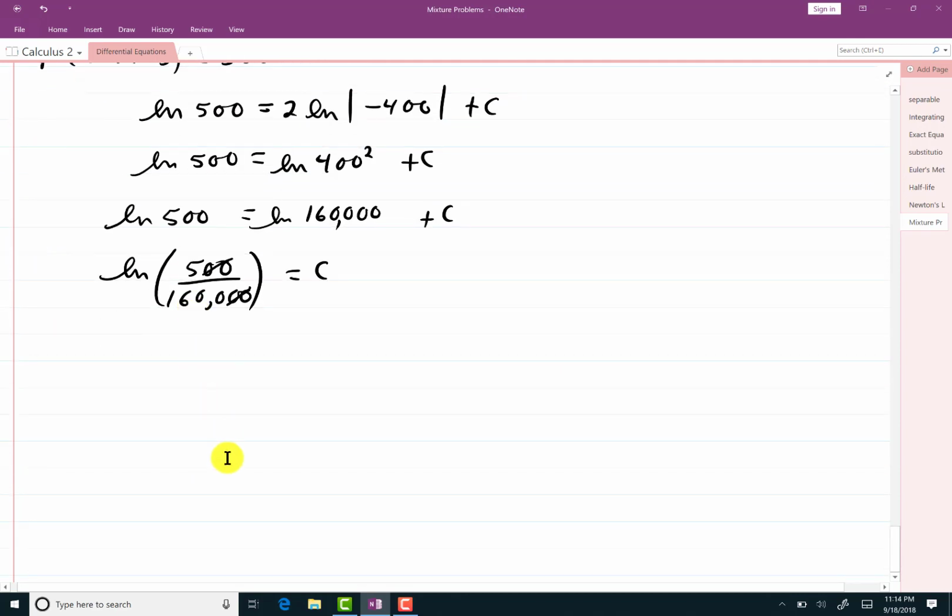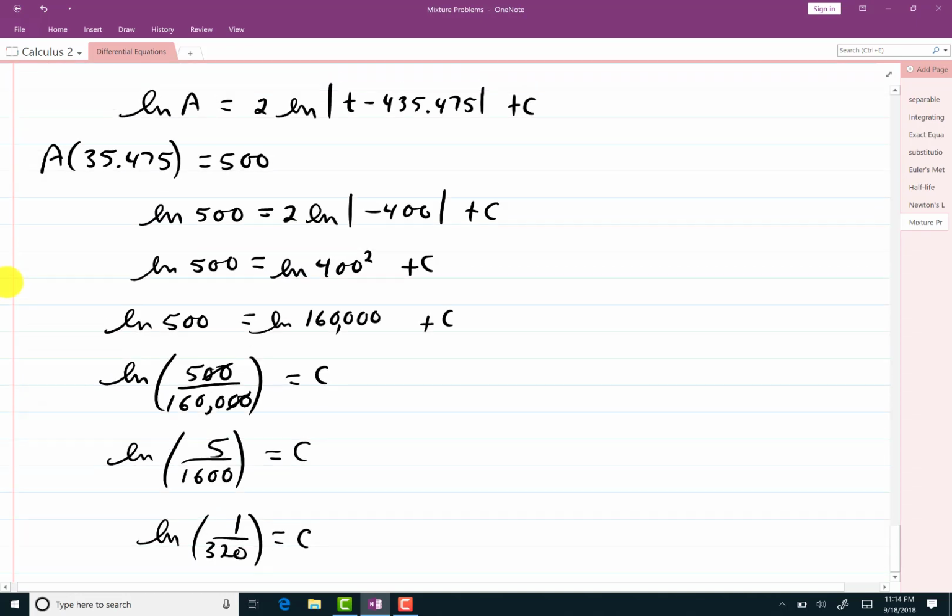Let's see what we have there. 5 goes into 1,600 320 times. So I have ln of 1 over 320 equals C.